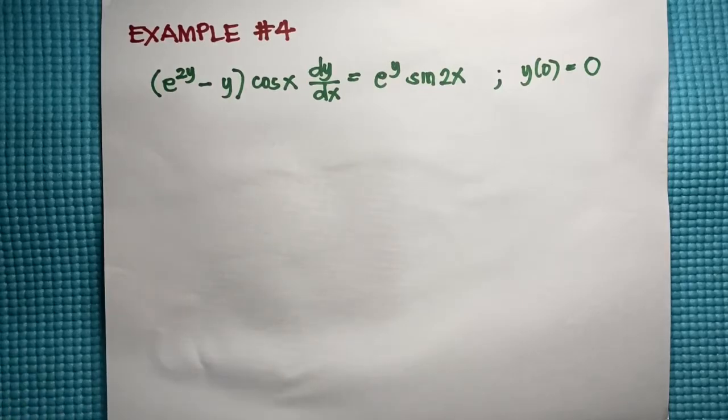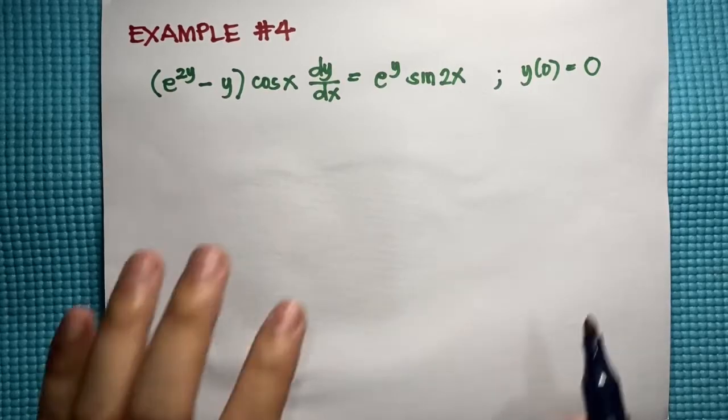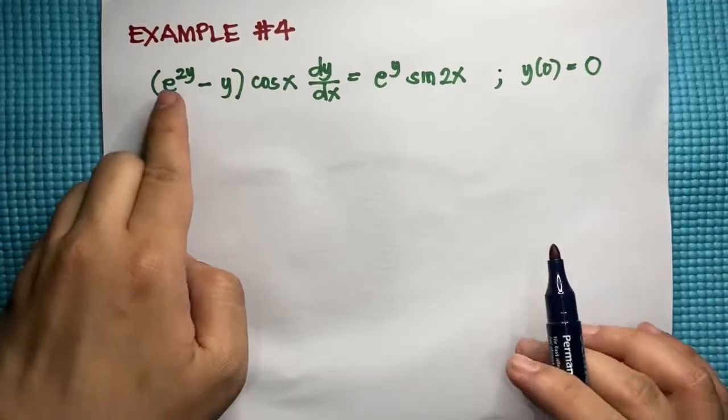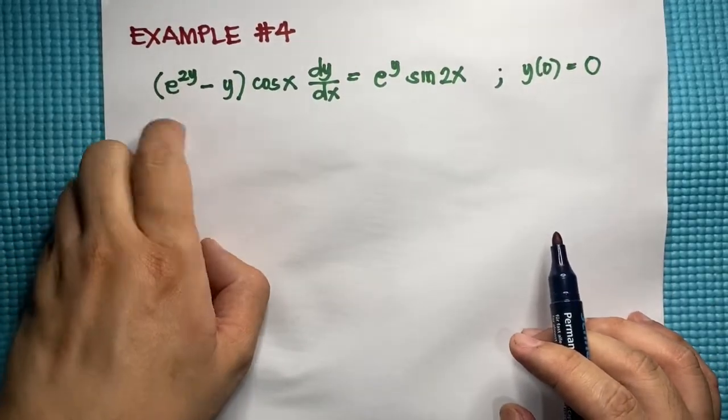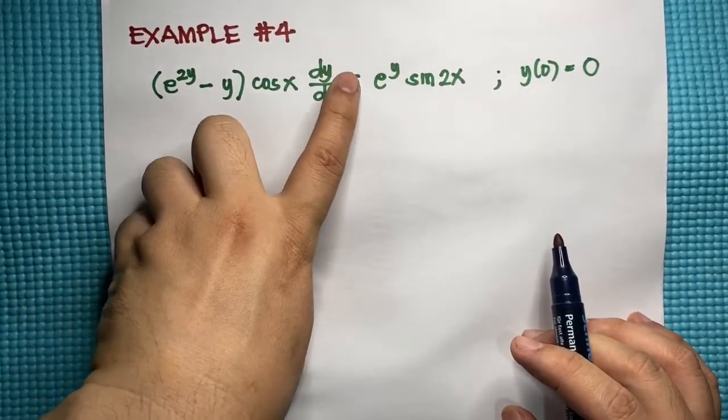To separate such functions, let's look at the differential equation. The one on the left hand side, e raised to 2y minus y, is a y function multiplied with dy.